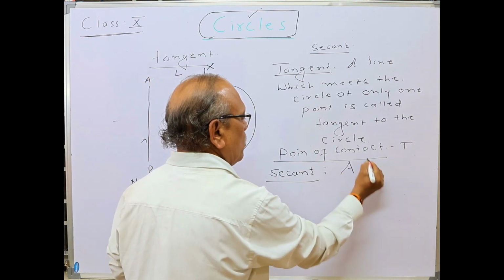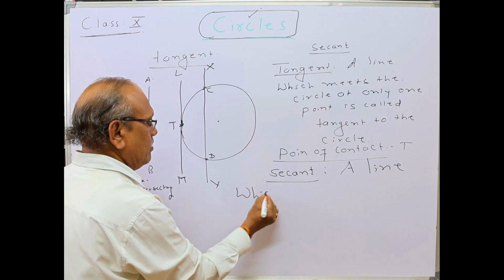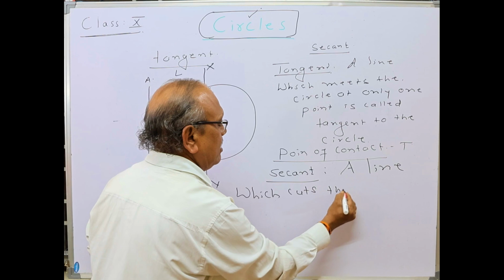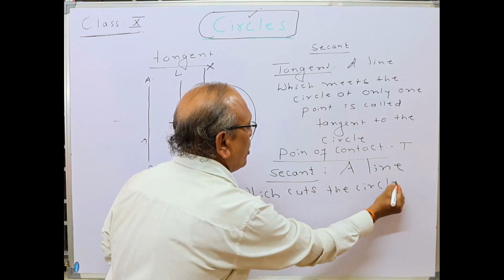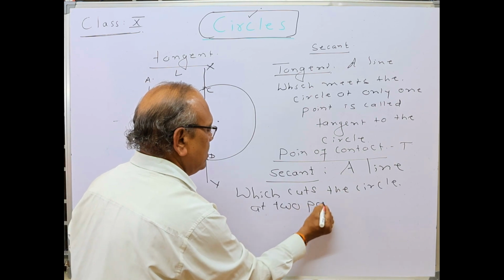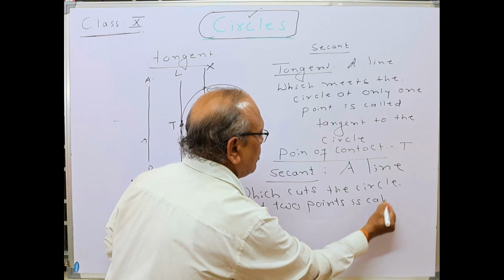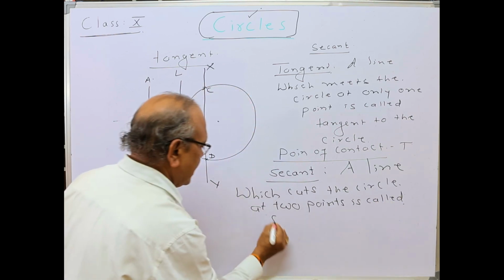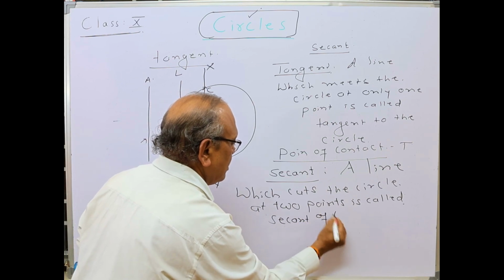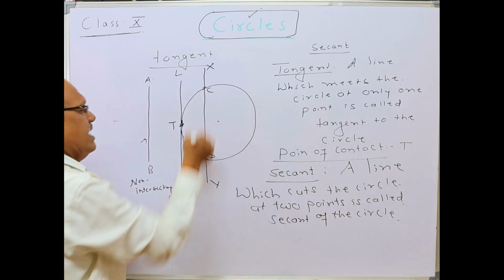A line which cuts the circle or intersects the circle at 2 points is called a secant of the circle. You can observe in the figure, XY is cutting the circle at C and D.